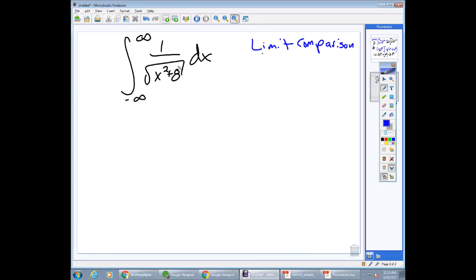What it says is, if you can compare this to a function that's simpler but similar, and you take the limit of the similar functions in a quotient as x goes to infinity, if that limit is constant, right, you get a real number, then either they both converge together or both diverge together.